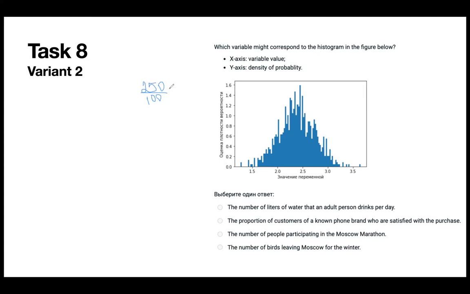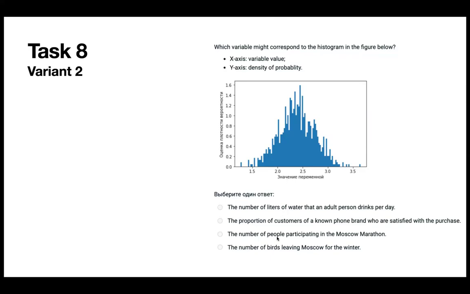So it can be more than 100. So the value of that proportion would always be from 0 to 1. Yes, so that's also false.